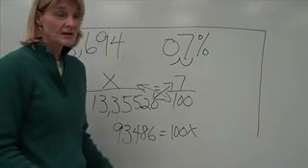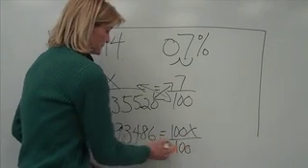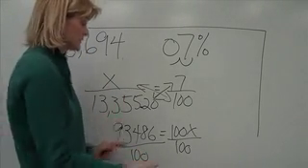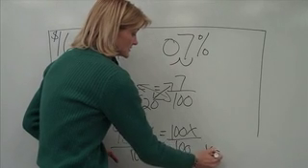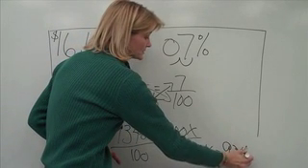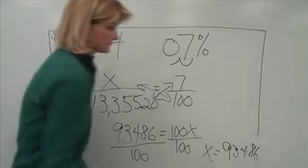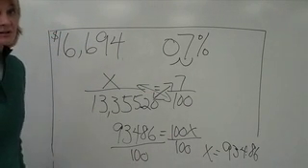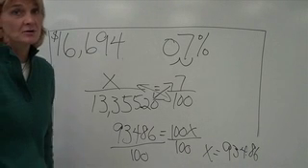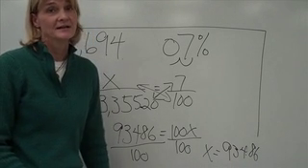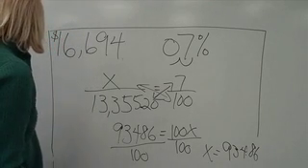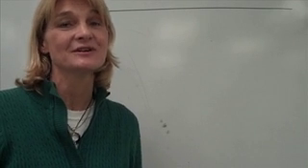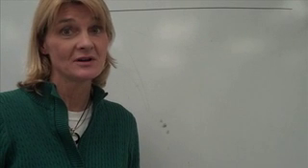We will divide both sides by 100. And the amount that we do have to pay, the amount of the tax is $934.86. And we add that back to the price, and we will still have the total cost of the truck, which is $14,290.06.